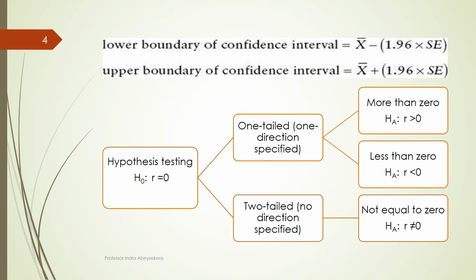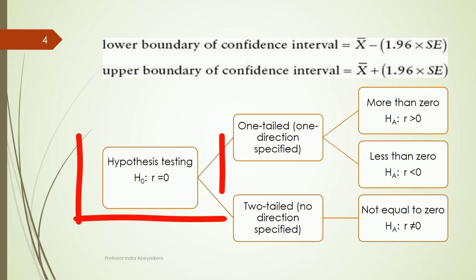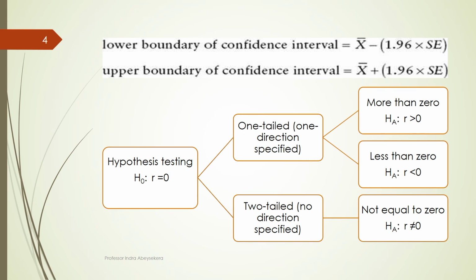So when we obtain an association between two variables, we can use it for hypothesis testing. For example, we can use the null hypothesis that there is no relationship. And we can test a directional relationship.